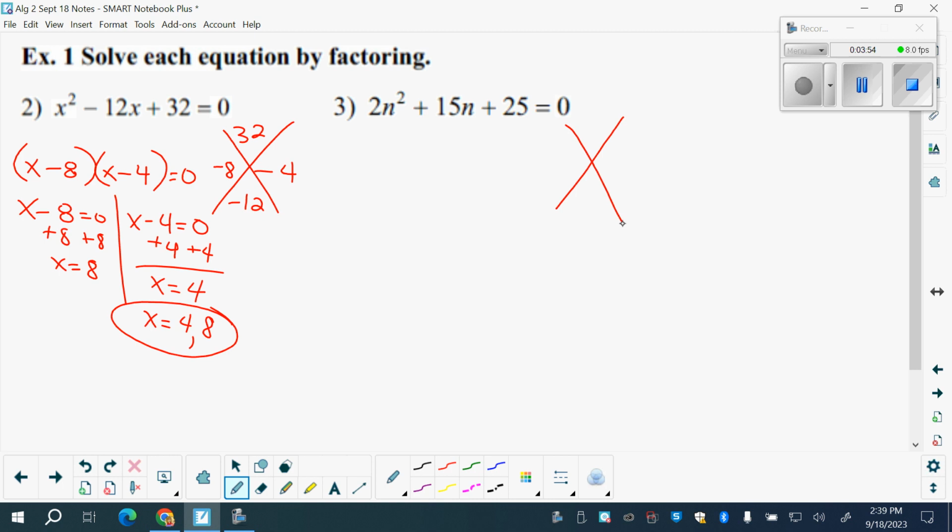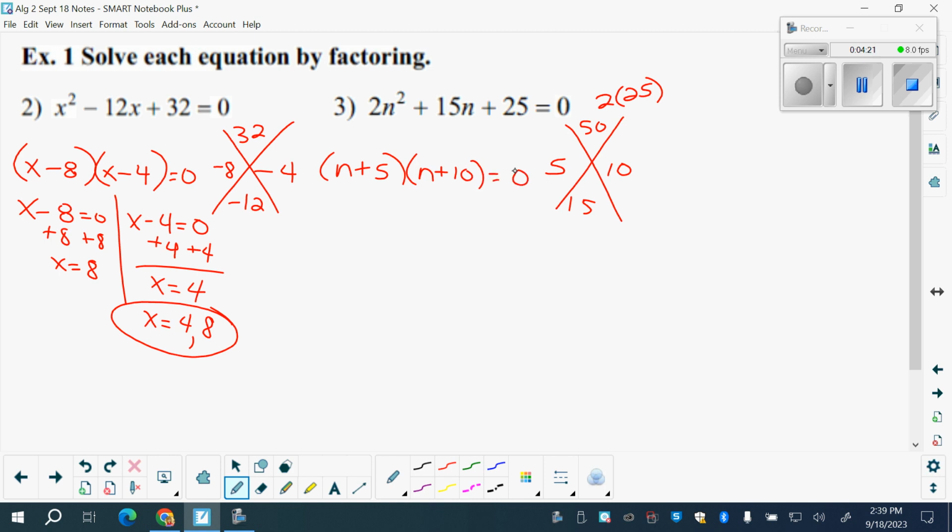Where'd you get 50 from, Asan? That's right. So when you have a coefficient in the front here, we take 2 times 25 to get us that number. So what multiplies to 50 that adds to 15? 5 and 10. So we get n plus 5 times n plus 10 equals 0.